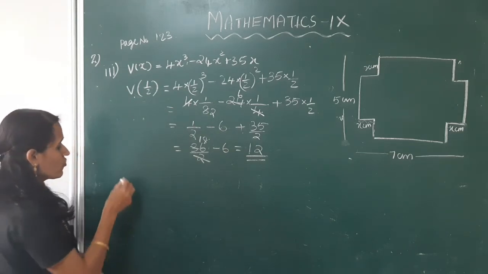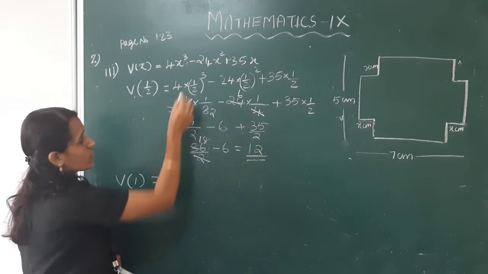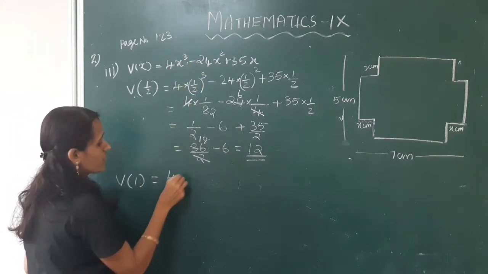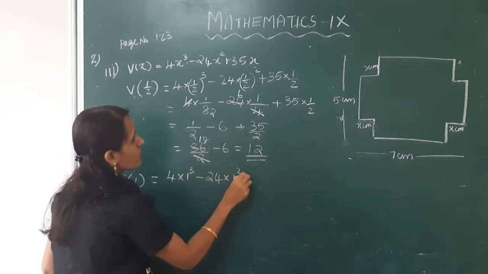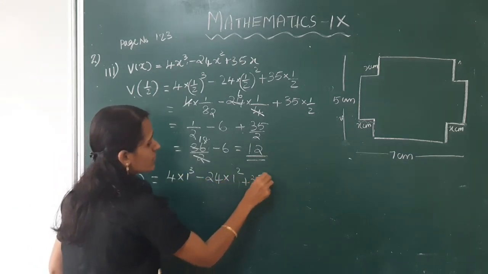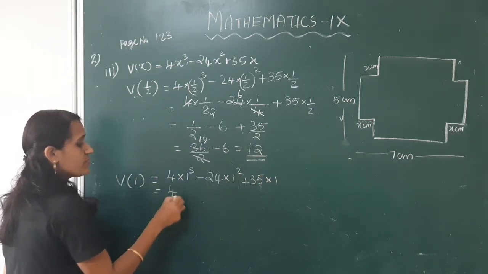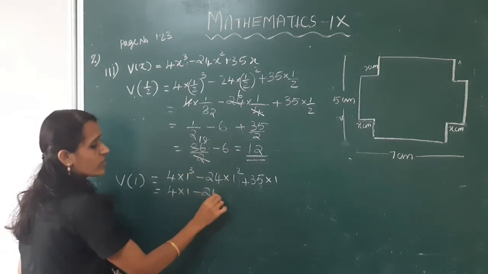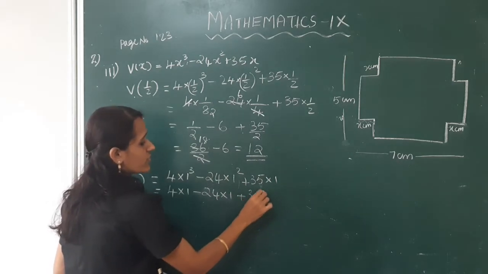Next, V of 1. This is equal to, instead of x substitute 1: 4 into 1 cube minus 24 into 1 square plus 35 into 1. 1 cube is 1, minus 24 into 1 square is 1, plus 35 into 1.